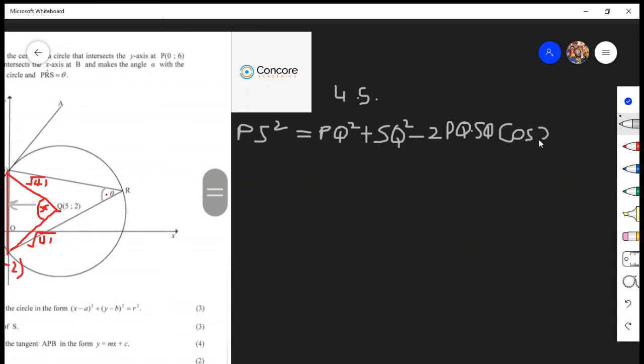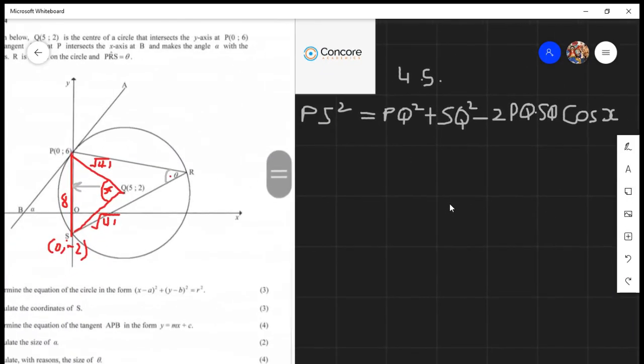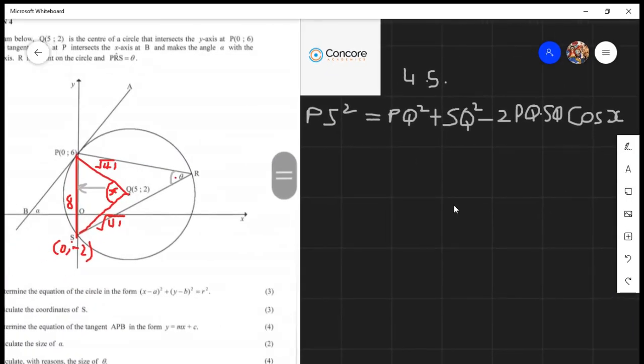Does everyone understand that I made that angle PQS angle x? So I'm saying cos of angle x instead of cos of angle PQS. Is there anyone who doesn't understand that?